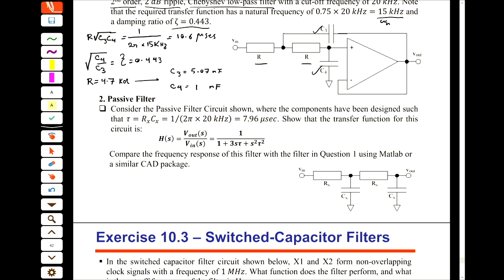So first, it says to find the transfer function of this one.